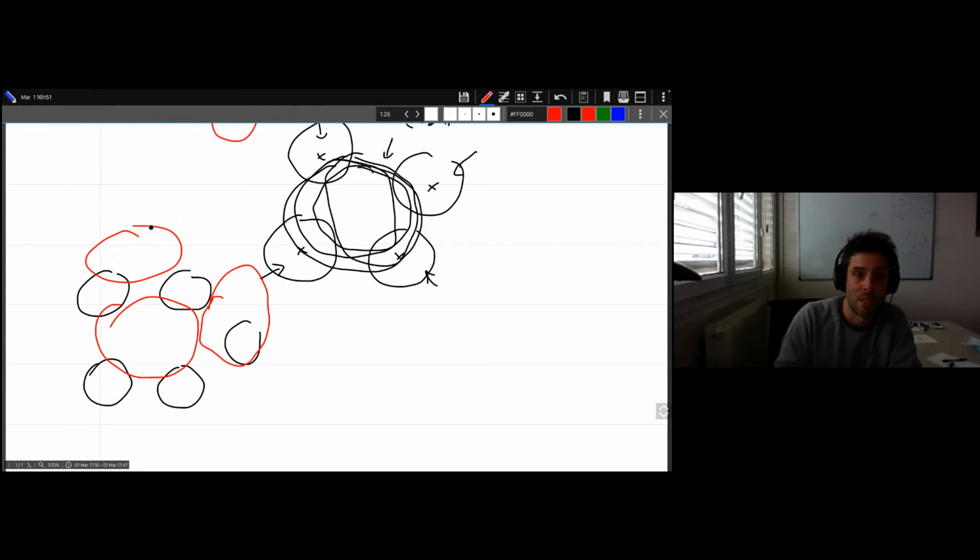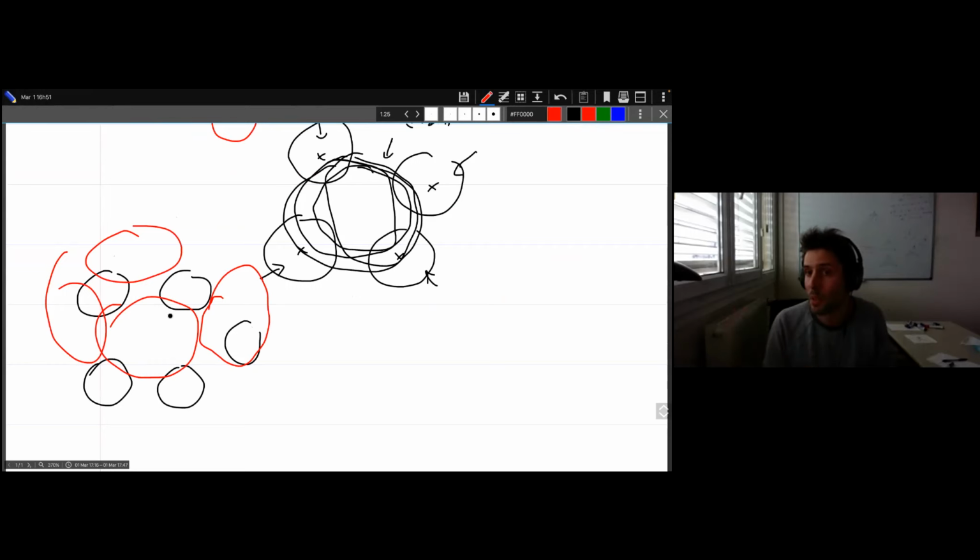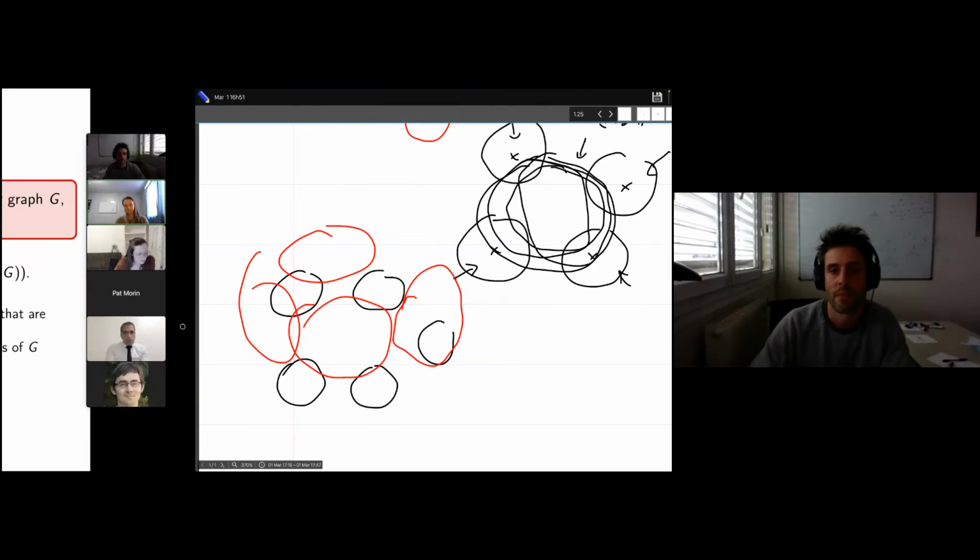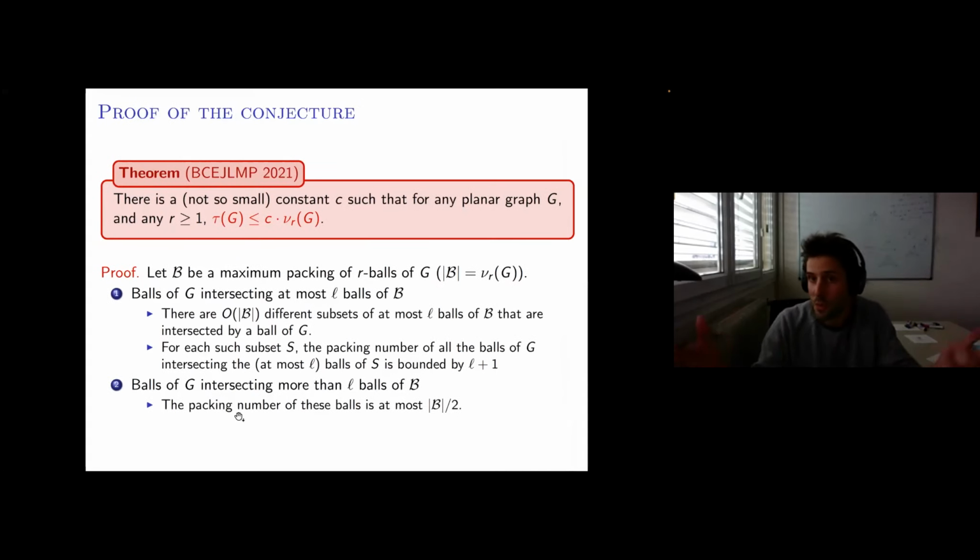So the intersection graph is a bipartite graph. And we can prove that this bipartite graph is a minor of the original graph. But this minor must have small average degree, but this shows that the average degree has to be quite large. So this forces the packing to be quite small.